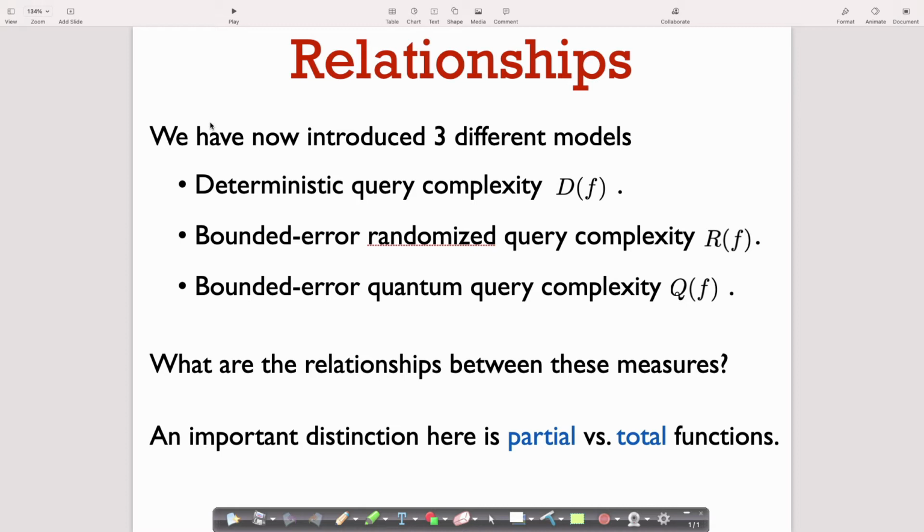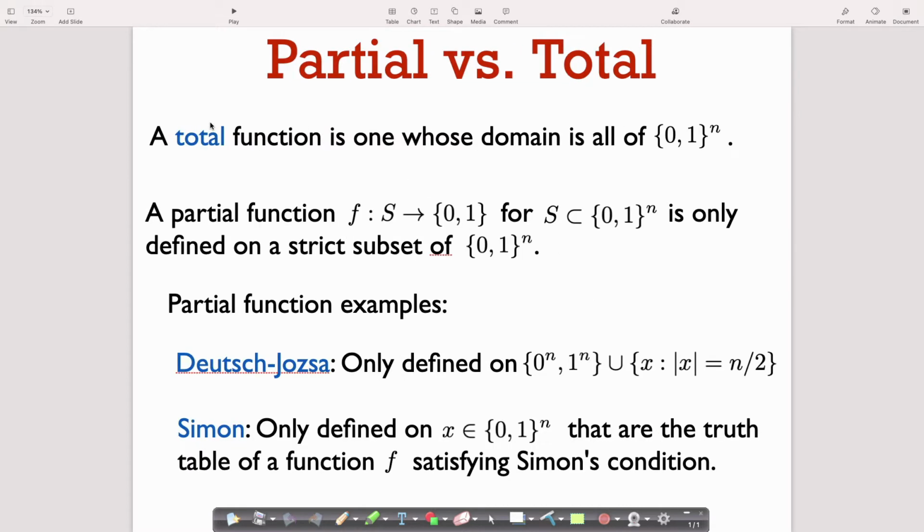models. Okay, so a very important distinction when we talk about this is between what we call partial versus total functions. Okay, so let me explain that first. So when we're talking about Boolean functions, a total function is one whose domain is all of {0,1}^n, so the whole Boolean cube.